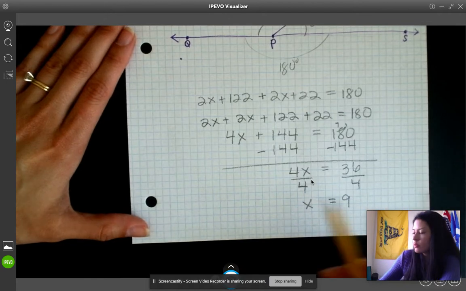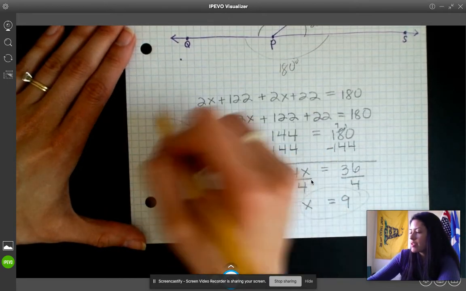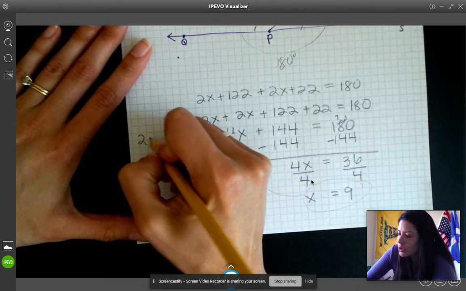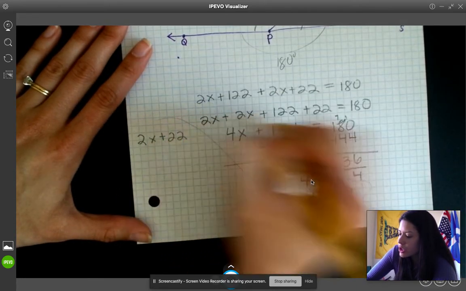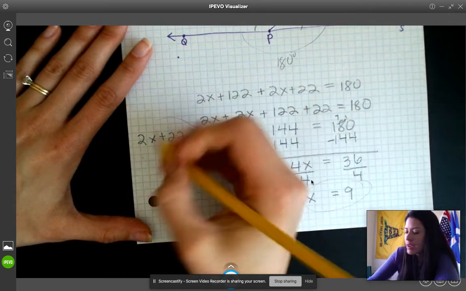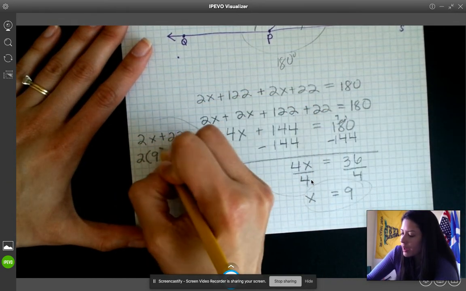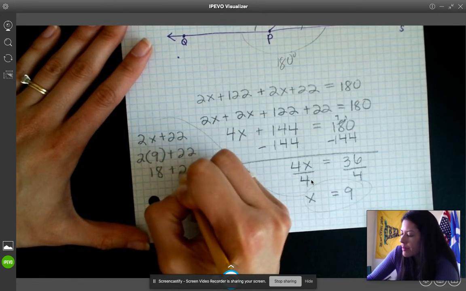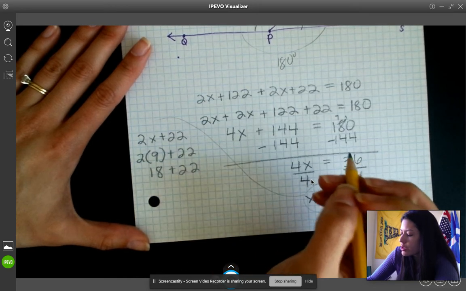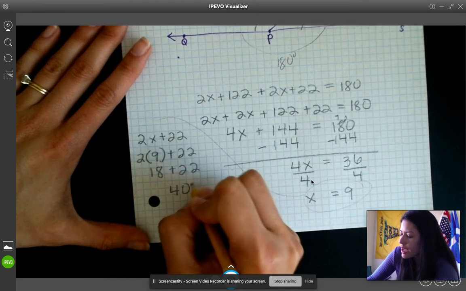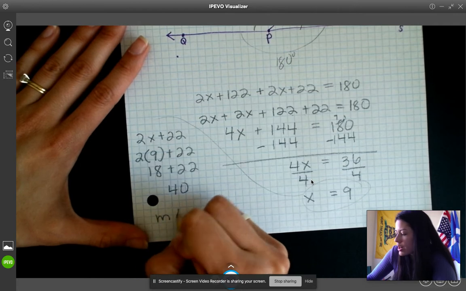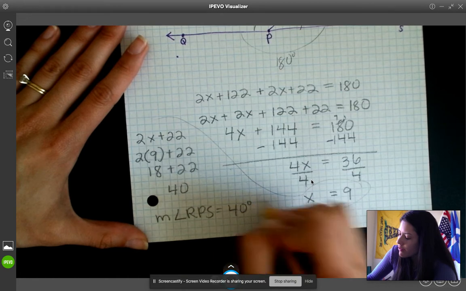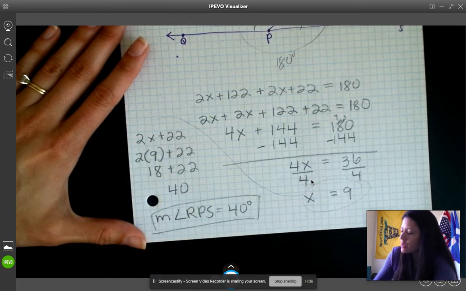So, I know what x equals, so off to the side, I'm going to say RPS, which is 2x plus 22, plugging in 9 for x, 2 times 9 plus 22. 2 times 9, I know is 18, and 18 plus 22 is going to be 40. So the measure of angle RPS is 40 degrees. Okay.